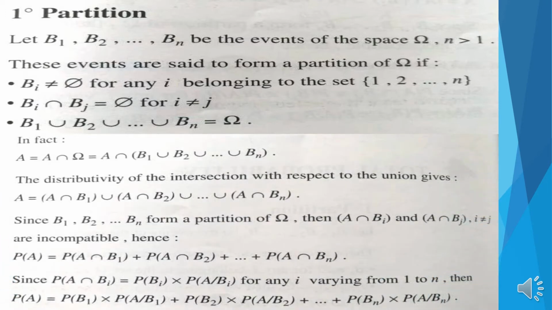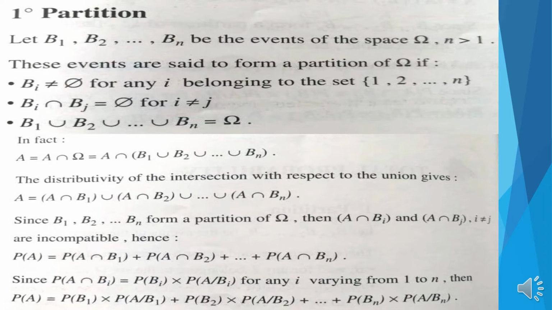In fact, A is equal to A intersection omega. Any other events, meaning any events other than B1 to Bn, the ones we named above. A equals A intersection omega, and we agreed that omega is the union of these events.